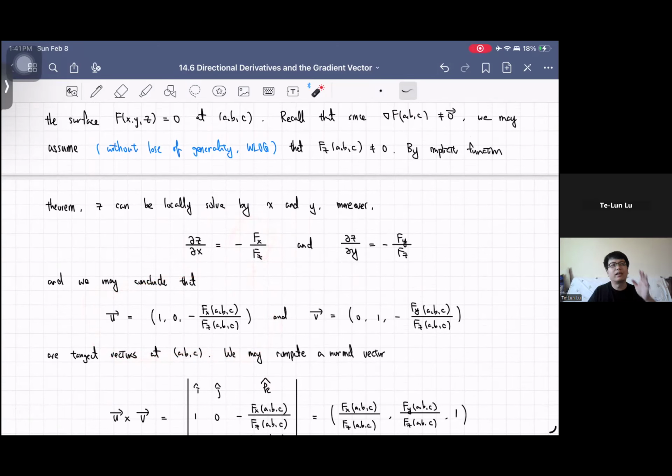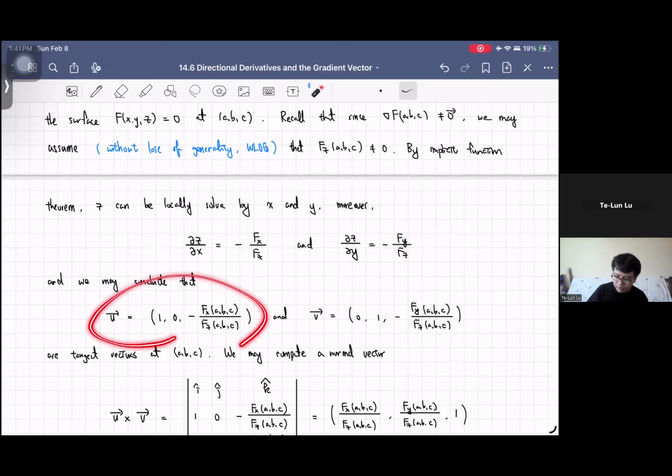That corresponds to the sense that if the slope of a two-variable linear equation, which is something like y equals mx plus b, is m, that means that if you move one unit along the x direction, you get m units along the y direction. So (1, m) will be the tangent vector, or the direction vector of the line. Similarly, for y, you have (0, 1, ...), you are moving y, right? And now the differentiation is fy divided by fz with a minus sign.